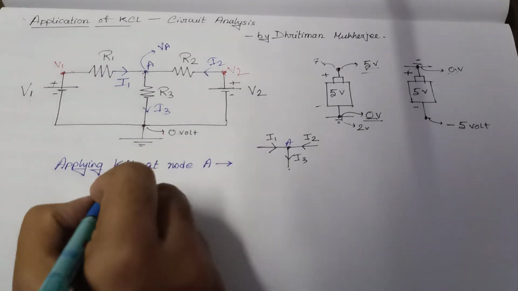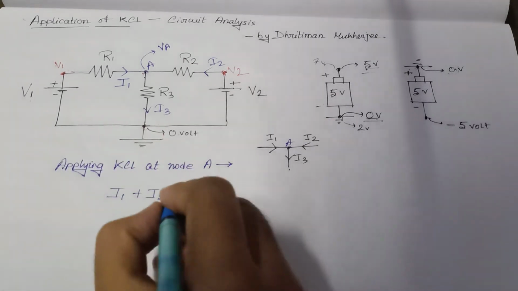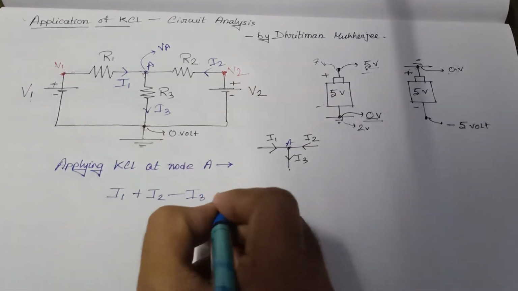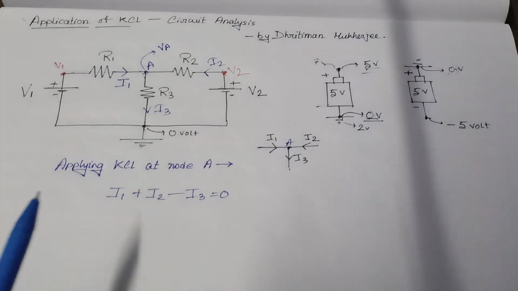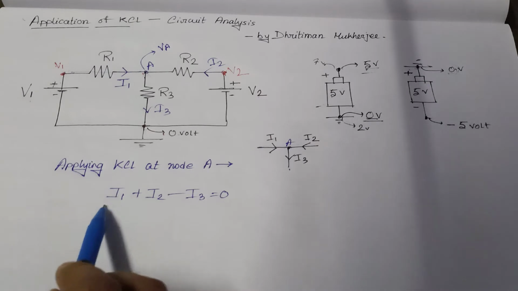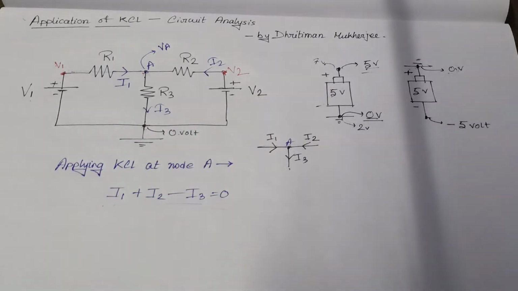So I can write I1 plus I2 minus I3 equals 0. This is the actual form of this circuit, where I1 and I2 currents are incoming and I3 current is outgoing.